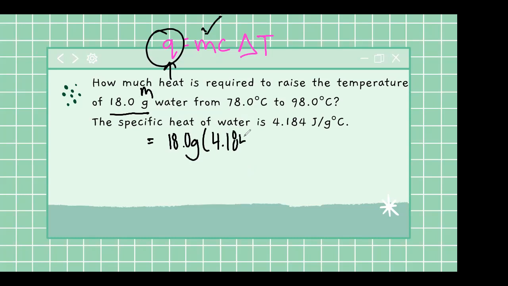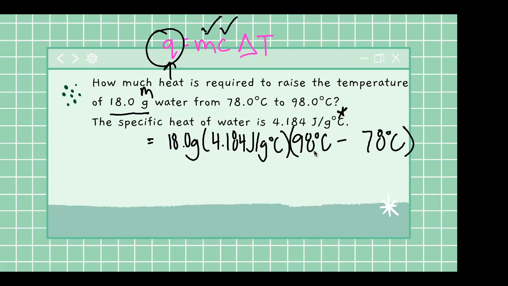specific heat of water, which is given right here. And we have delta T, which is 98 degrees Celsius minus 78 degrees Celsius. Ooh, sorry, zeros. Okay, any questions on how we set up that problem? Just plugging it into the equation.